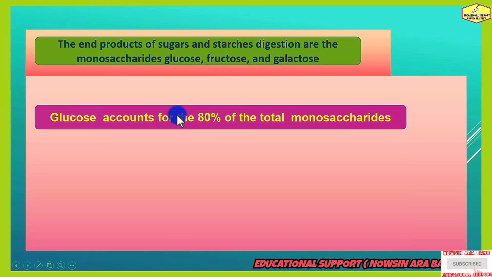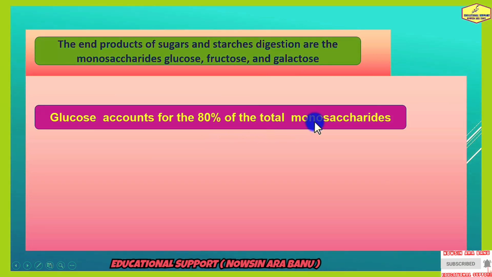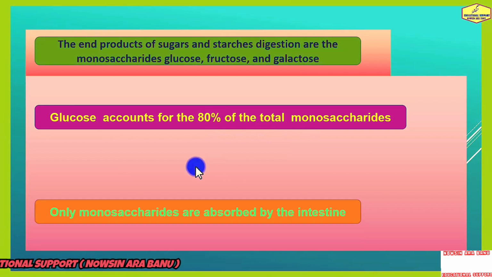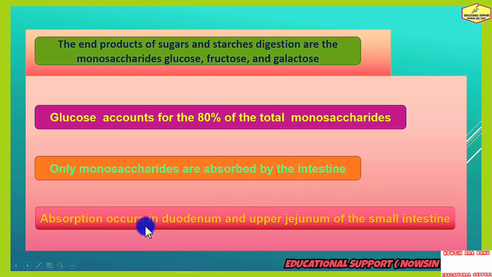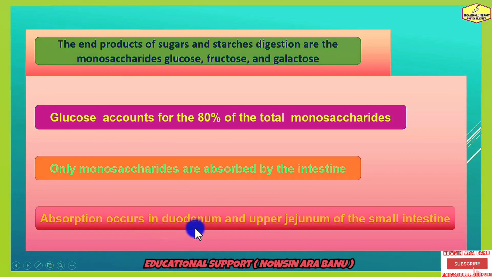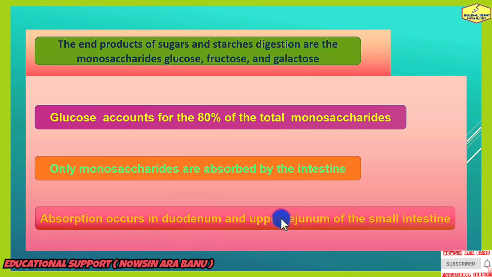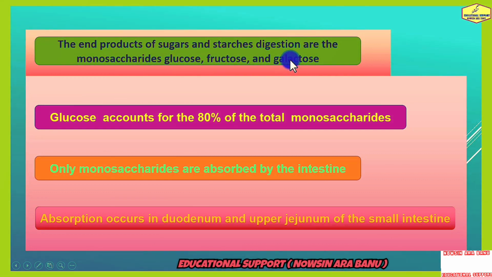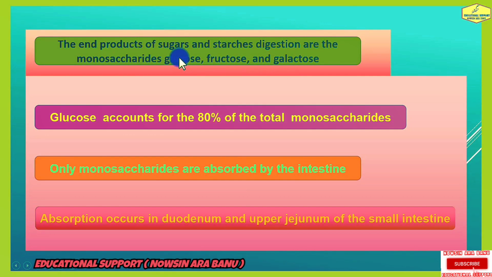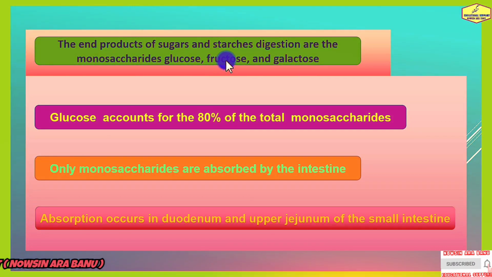Glucose accounts for 80% of the total monosaccharides, and only monosaccharides are absorbed by the intestine. The absorption occurs mostly in the duodenum and upper jejunum of the small intestine. So the absorption rate is maximum for galactose, moderate for glucose, and minimum for fructose.